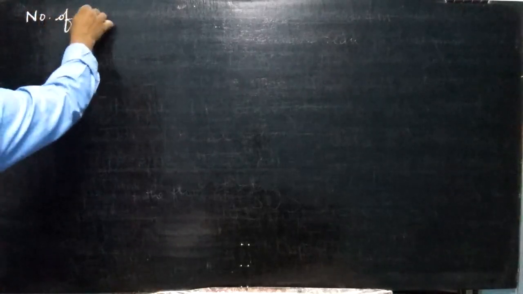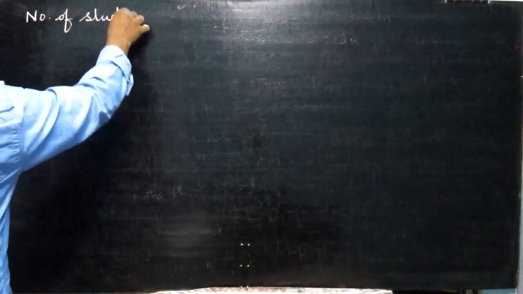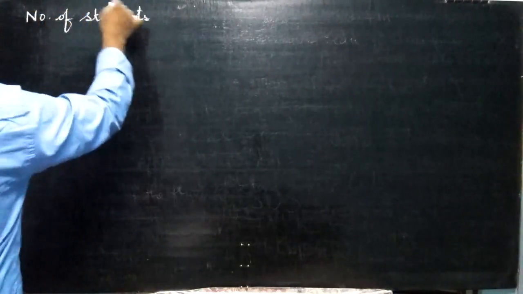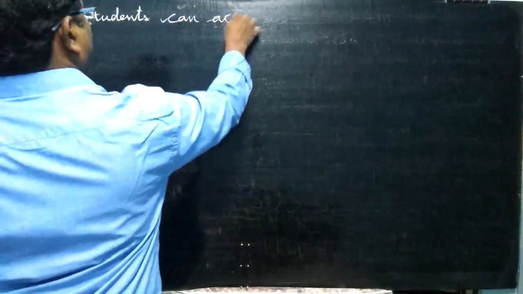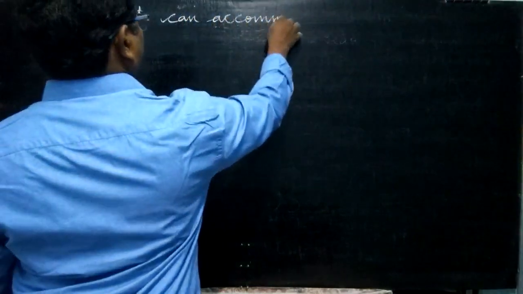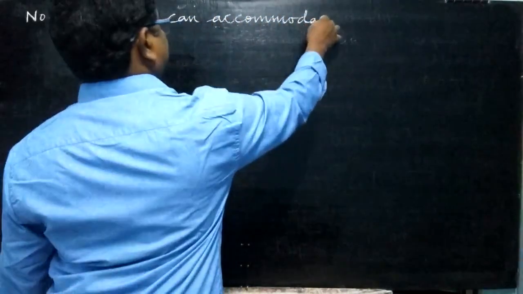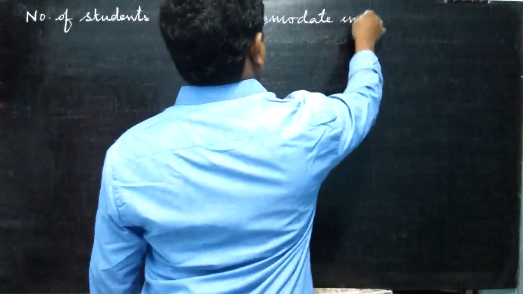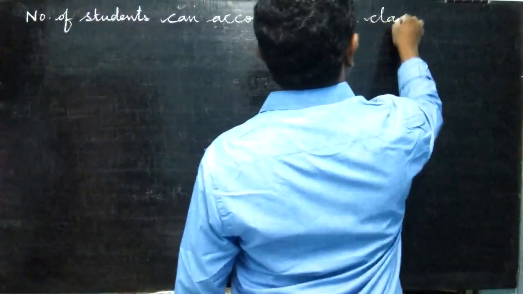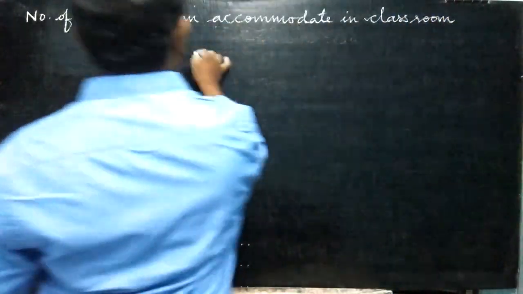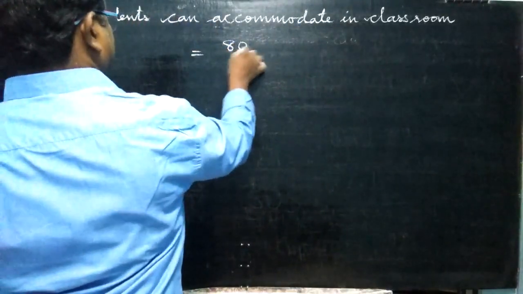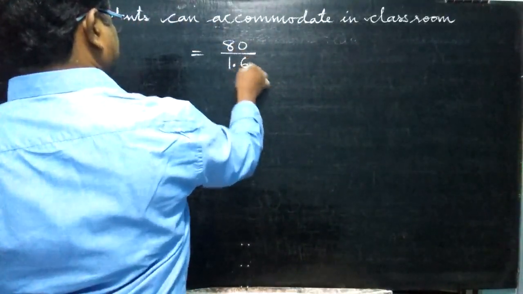They are asking to find number of students the classroom can accommodate. Number of students is equal to 80 by 1.6.